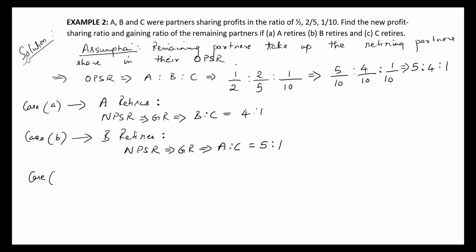And case C, when C retires, the new profit sharing ratio as well as the gaining ratio between A and B will be equal to 5 is to 4.